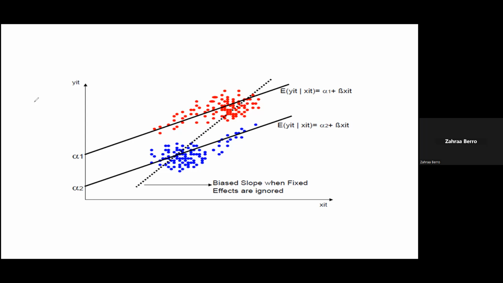No, all clear. Okay. So here, by introducing those individual fixed effects, we control for the unobservables, and consequently, we avoid having biased estimates.